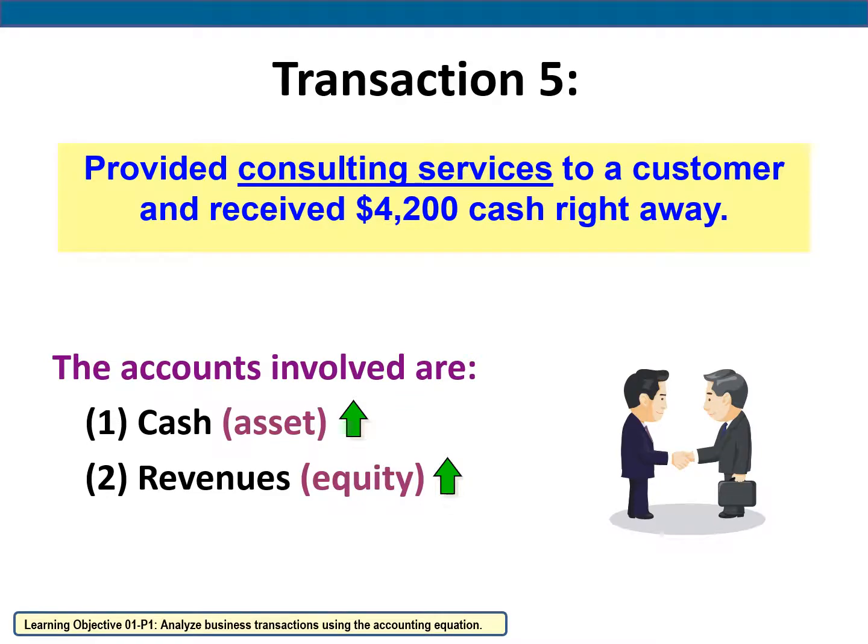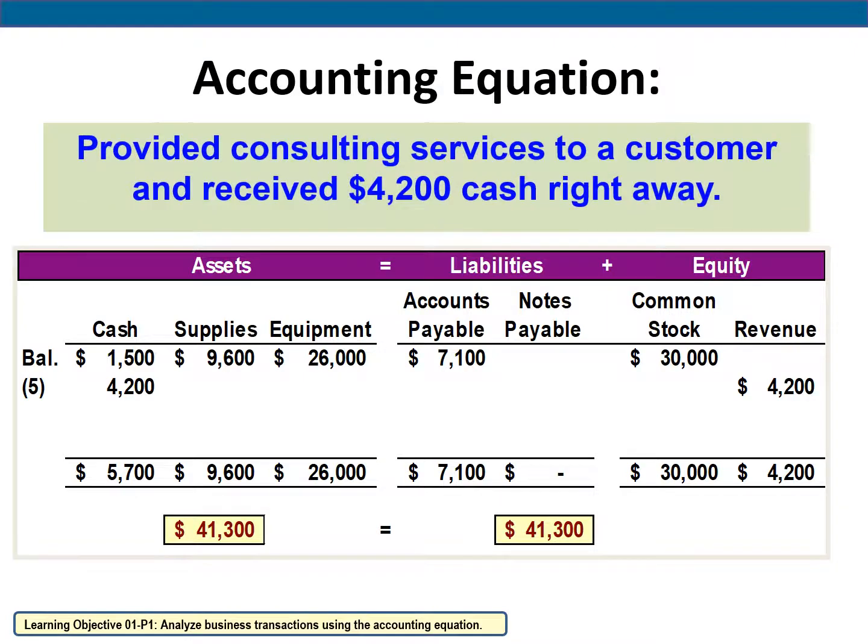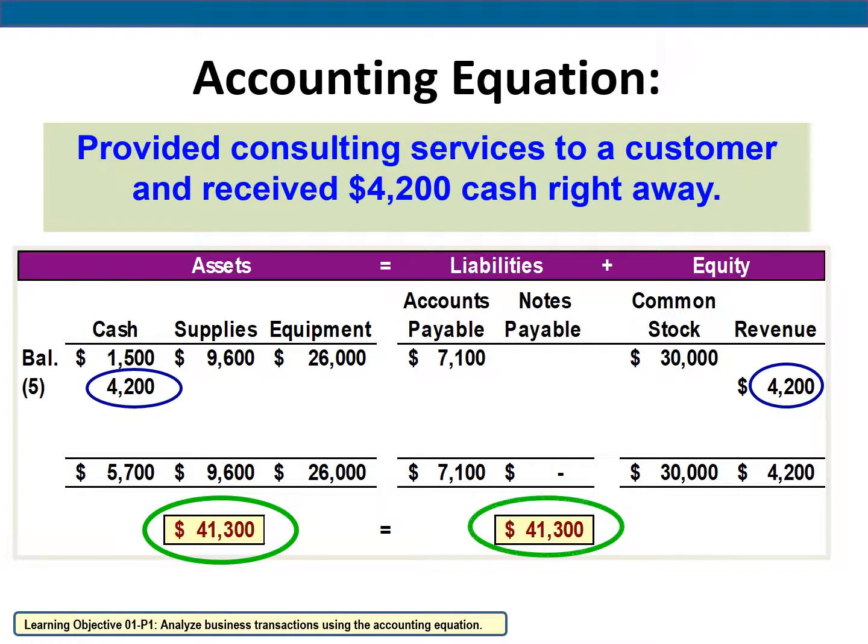And if revenues are increasing, equity is also increasing. In our accounting equation, our cash is going up by $4,200 and our revenue is going up by $4,200, which in turn is increasing our equity by $4,200 as well. And our accounting equation is still in balance.